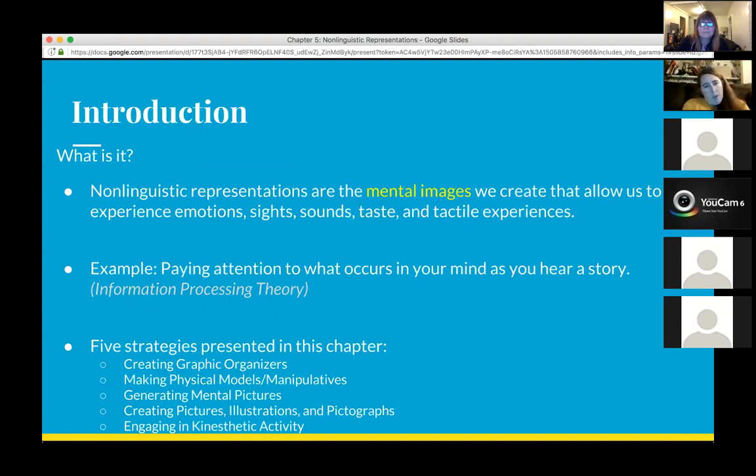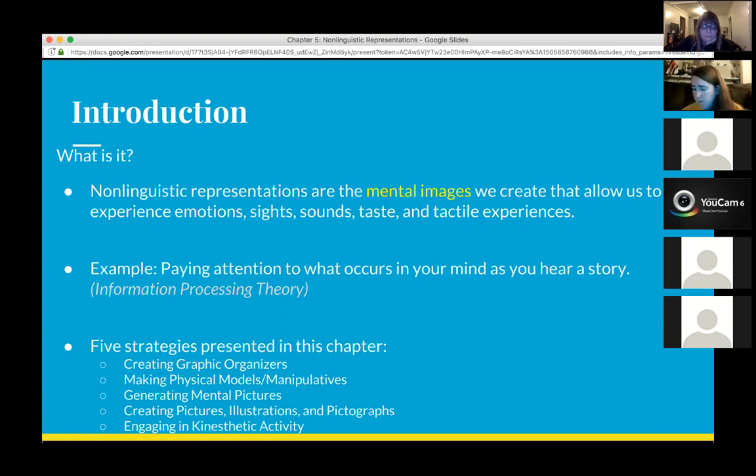In our textbook, it talks about a teacher who asked the students to pay attention to what is happening in their minds as they read the story of Rosa Parks refusing to give up her seat and move to the back of the bus. One student shared that he pictured himself actually there on the bus and sort of people watching. Another student said she felt moved by the emotion she was feeling as she pictured Rosa Parks standing up for what she believed in.